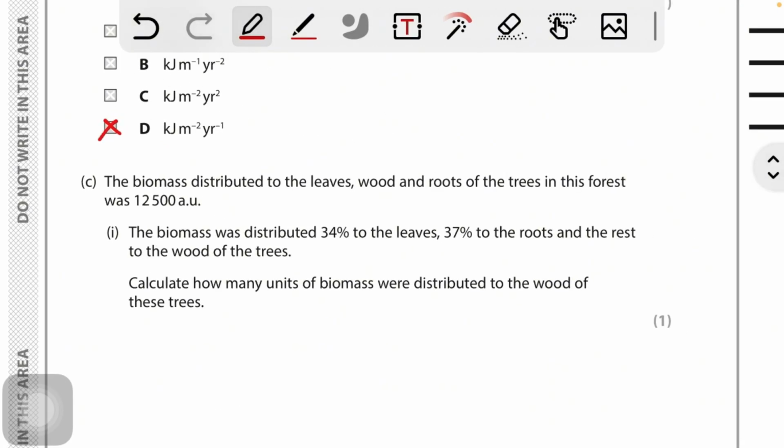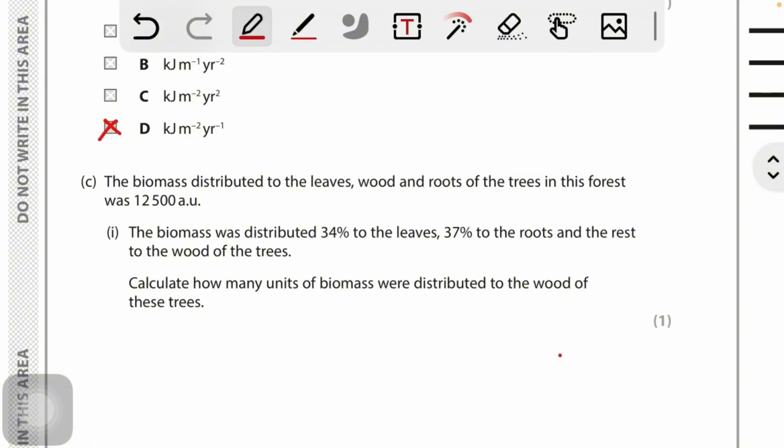The next question is the biomass distributed to the leaves, wood, and roots of the trees in the forest was 12,500 arbitrary units.